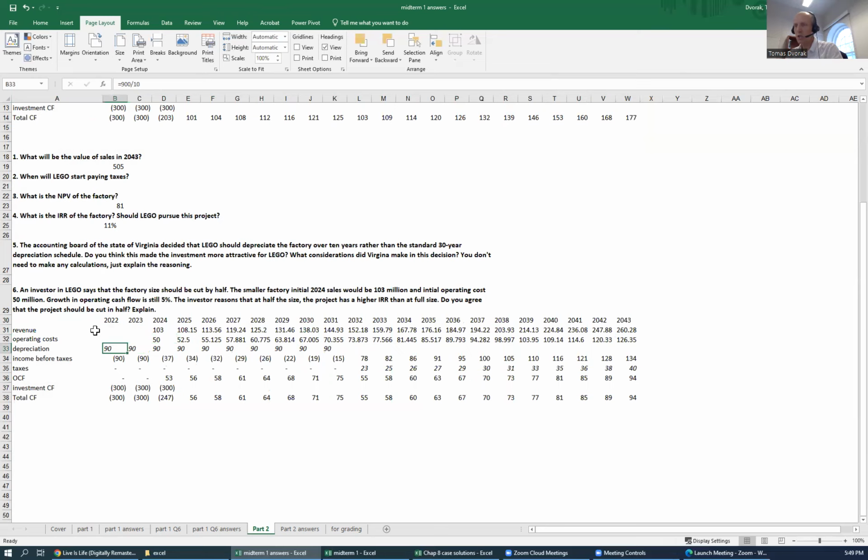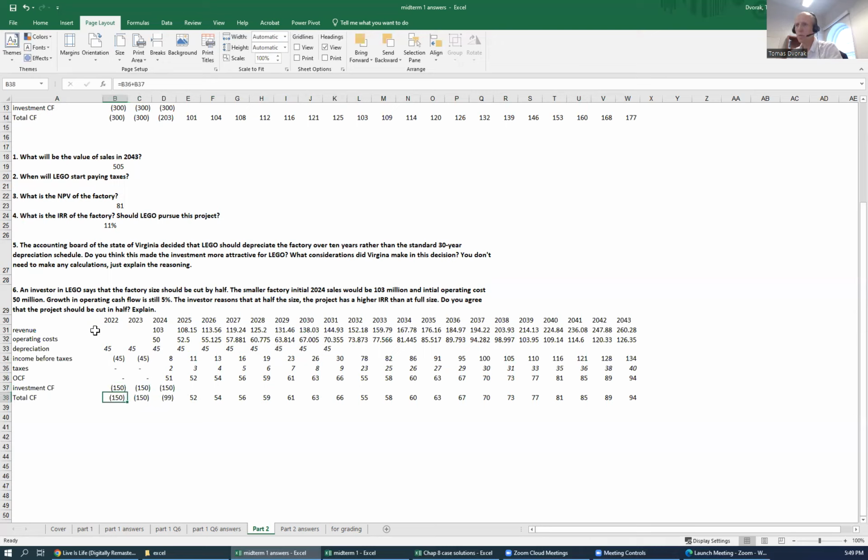The depreciation is going to be not on a $900 million factory, but on a $450 million factory. So it's going to be 45 million. And of course, the investment is going to be lower. It's going to be just negative 150 for the next 3 years.